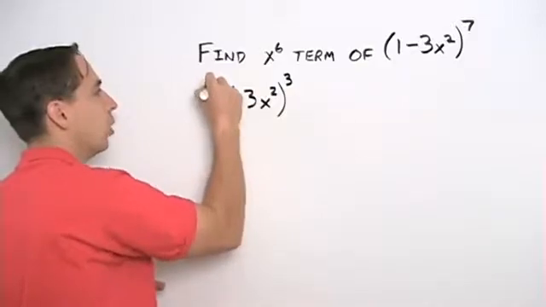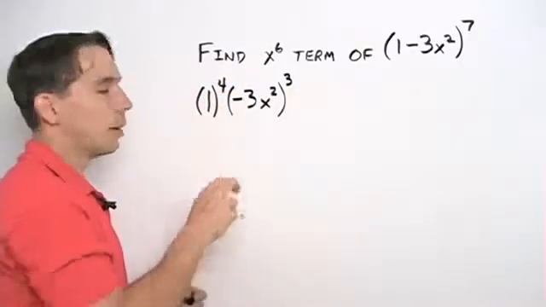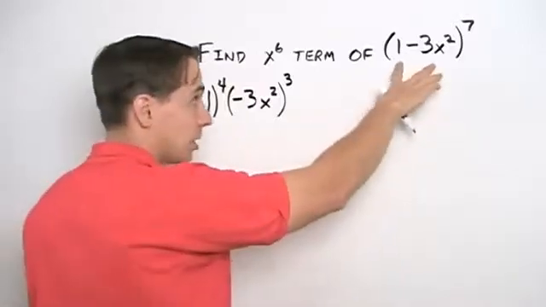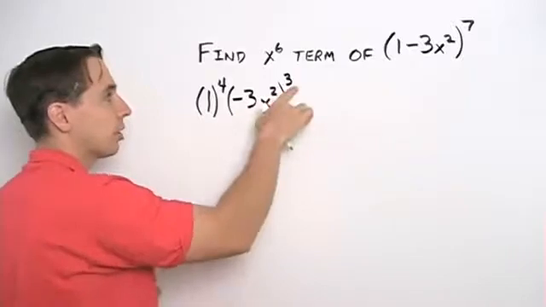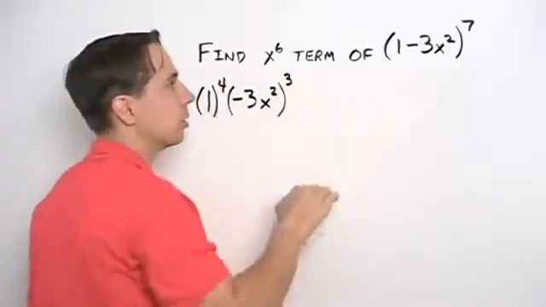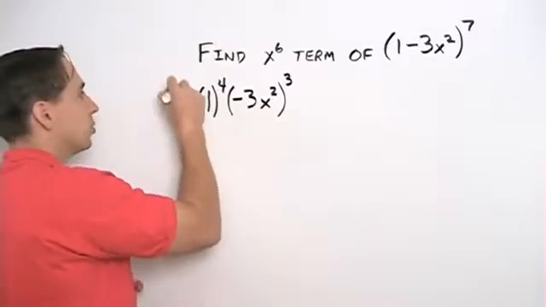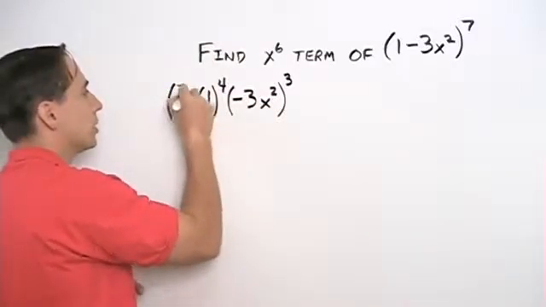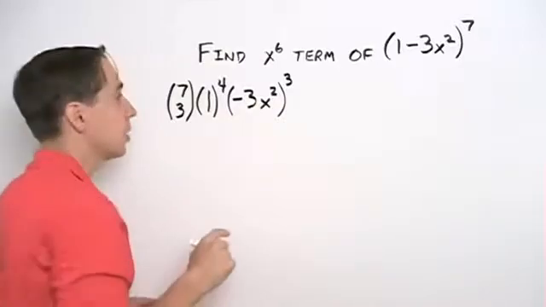That means I'm going to have to take the 1 4 times. Now, how many different ways can I do this? If I take, again, 7 of these binomials, laid them all out, and I'm going to pick 3 minus 3x squareds from those 7 binomials. I can do that in 7 choose 3 ways, because there's 7 choose 3 ways for me to choose 3 of the binomials to take a minus 3x squared from.